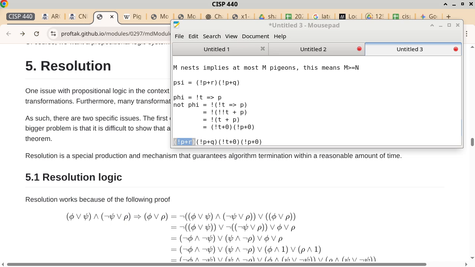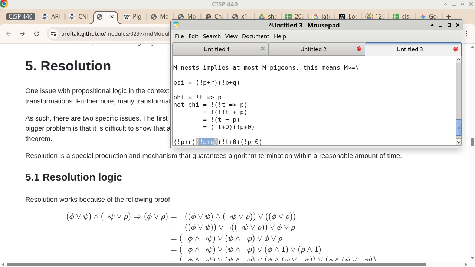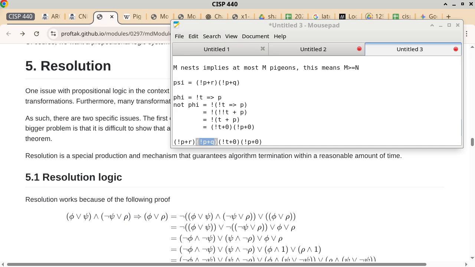Nope, nope, nope. So we are now done with the first expression. It cannot resolve with anything else. Then we ask the same question for the second disjunction. We already know that nobody has P, so we can ignore that. But now we can ask, who has a negation of Q? Nope and nope. So there's nothing that we can resolve here.